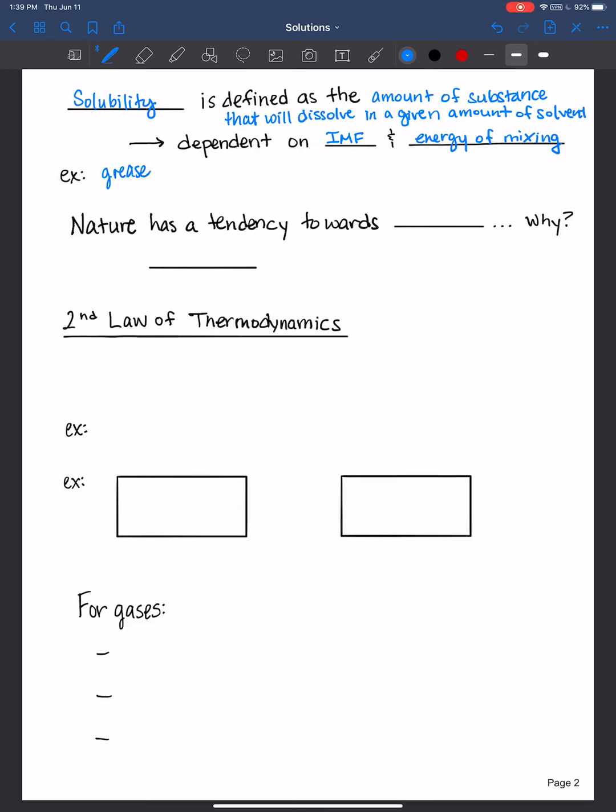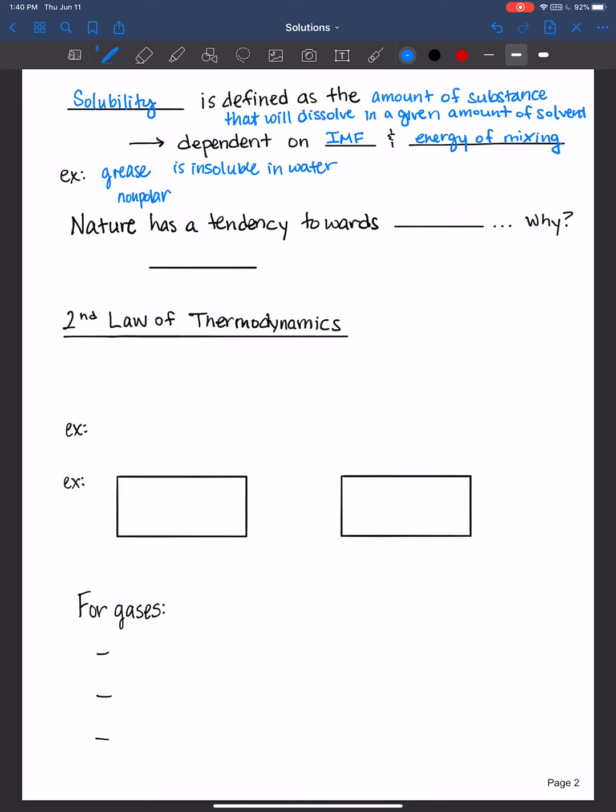Now, if I'm working on my car and I get grease on the garage floor, and I want to clean it up, well, I'm not going to use water to clean it up, right? Because grease is pretty nonpolar. It's what we would say, it's kind of fatty, right? It's very nonpolar. And it is insoluble in water.